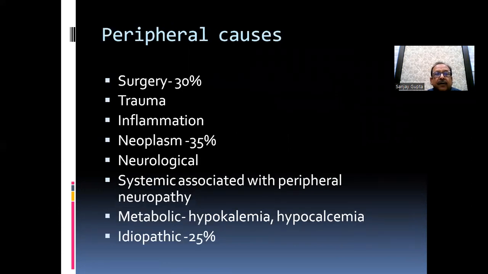Looking at the peripheral causes of vocal cord palsy, 30% of cases are attributed to post-surgical paralysis, most likely thyroid surgery. Then there can be trauma and inflammation. Neoplasms contribute to 35% of vocal cord palsy, mostly squamous cell carcinoma of the larynx or vocal cords.